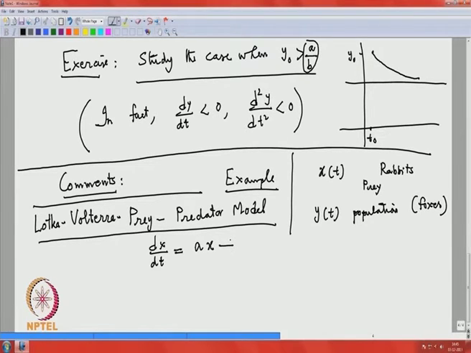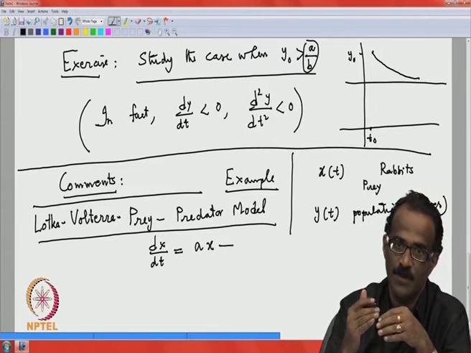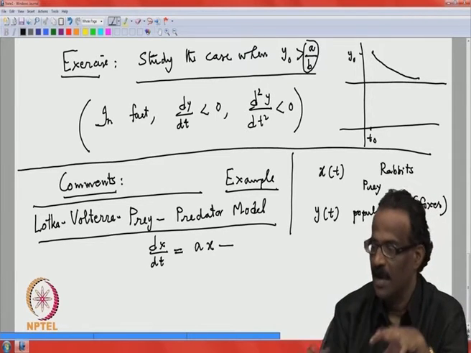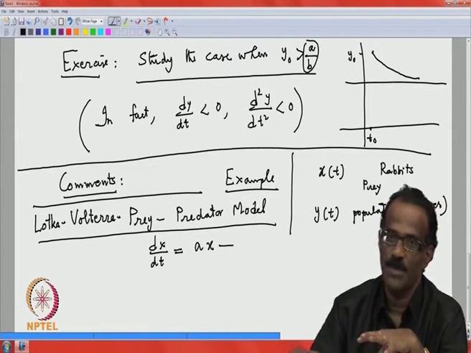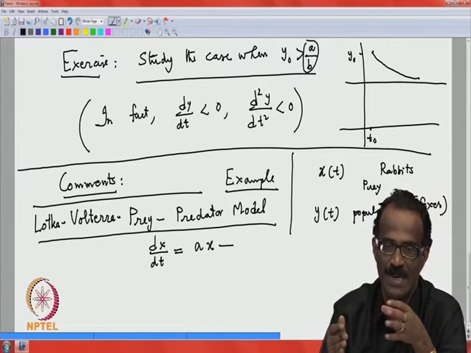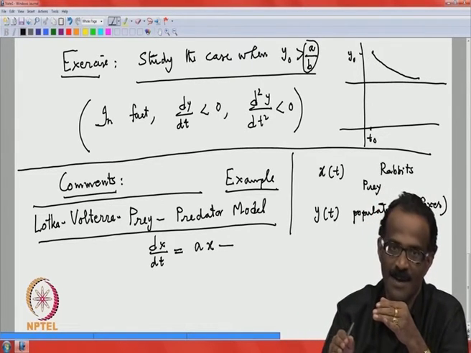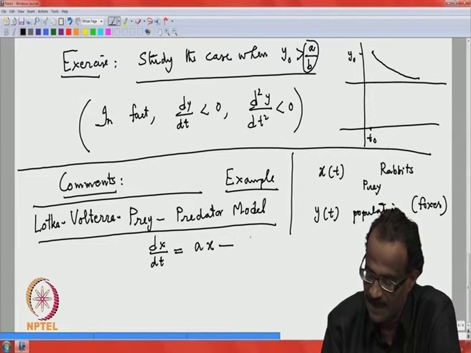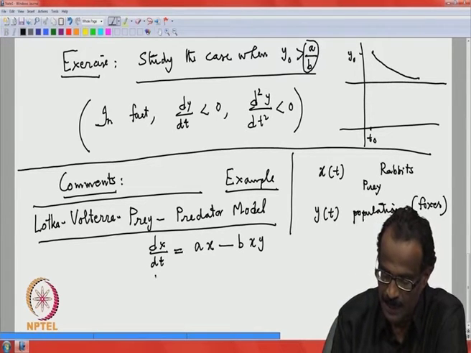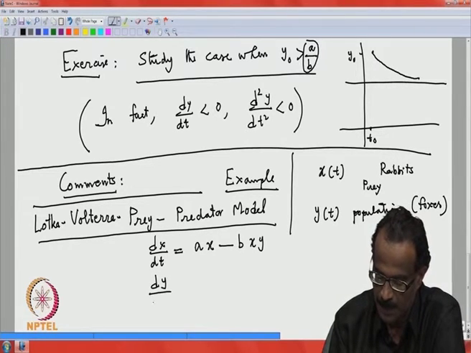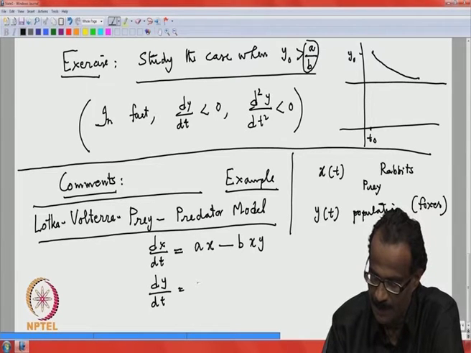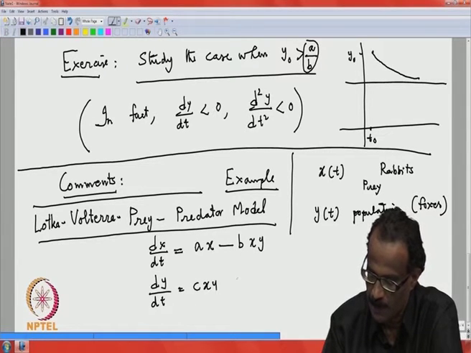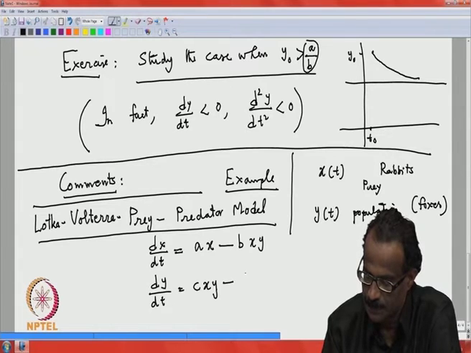Here I am not taking into account the interaction between the same species, assuming that rabbits do not kill rabbits or foxes do not kill foxes; only the foxes will attack rabbits. So, you have a term for the interaction between x and y. And for the rate of population dy by dt, you will have c x y minus d y square.